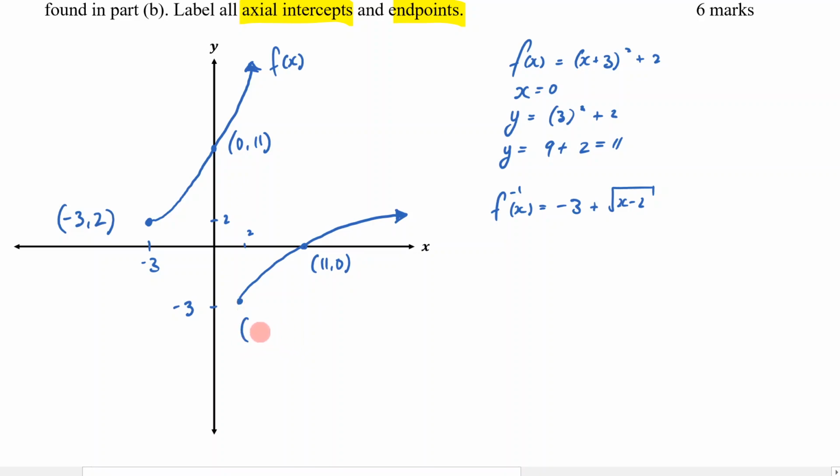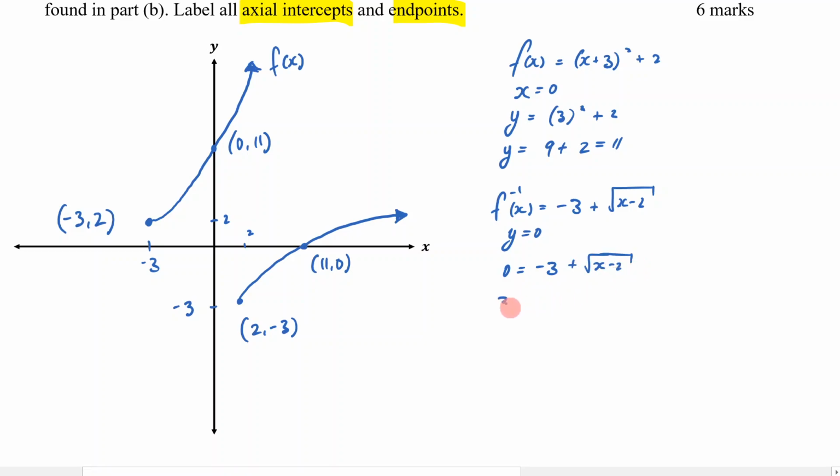This right here is going to be 2, -3. So as you can see, they've just swapped around. My x and y have swapped. But if you were struggling to see that, you could still find it by letting y equal 0. So you're finding the x-intercept by letting y equal 0, in which case you're going to get 0 is equal to -3 plus the square root of x minus 2.